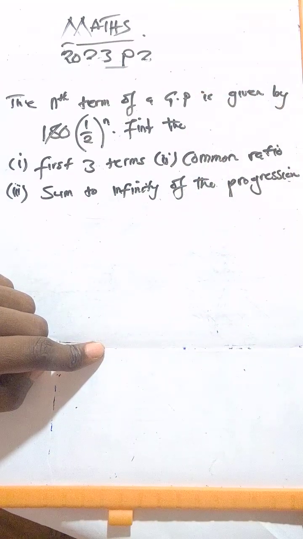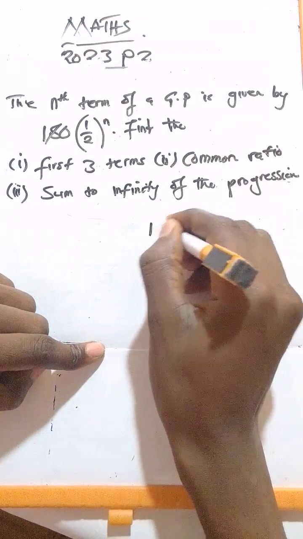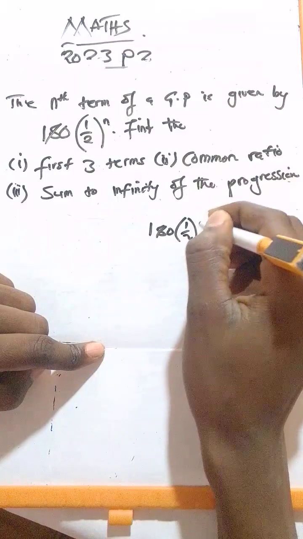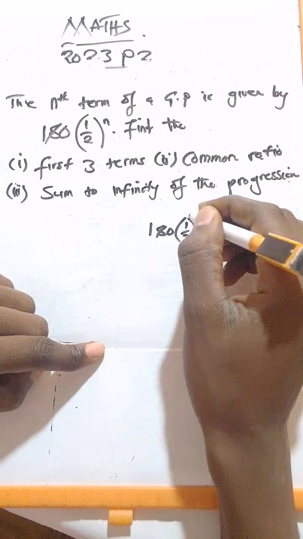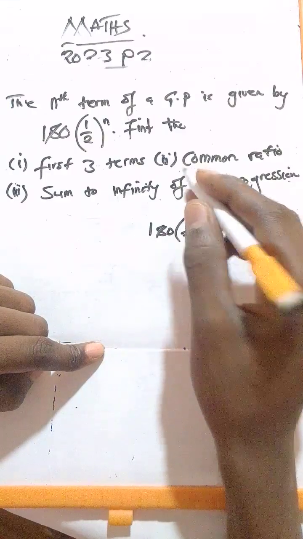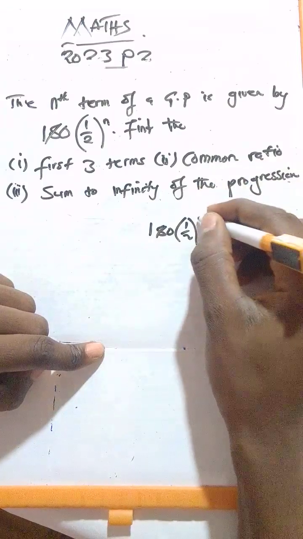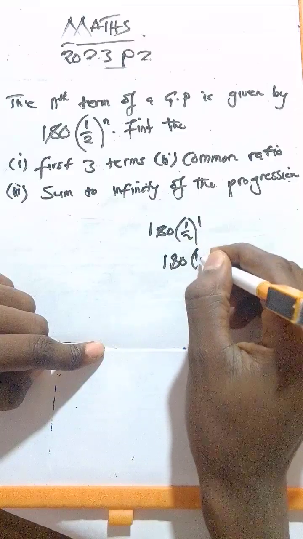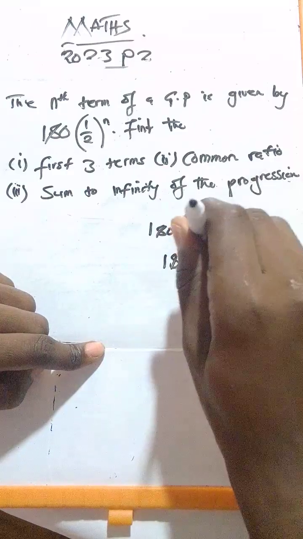Now here, we'll say 180, open bracket, half. Now where there is n, we are going to replace with 1 because we want to find the first term. So 180, this will come back the way it is.